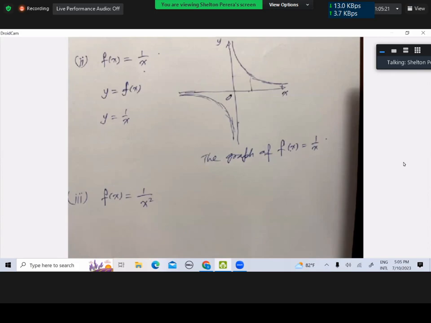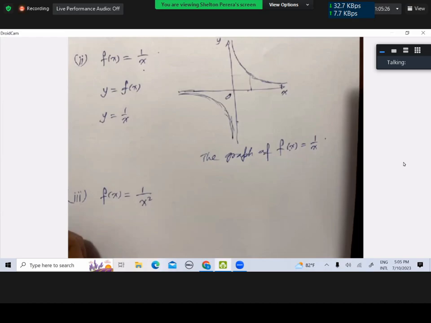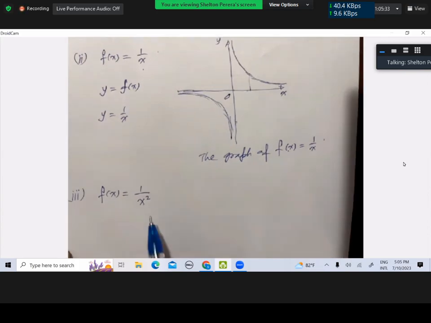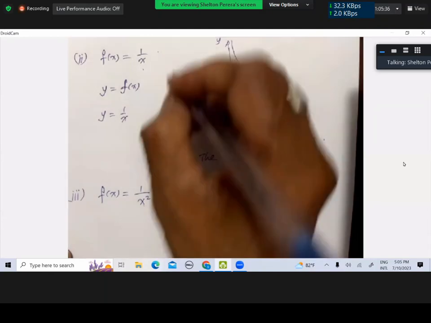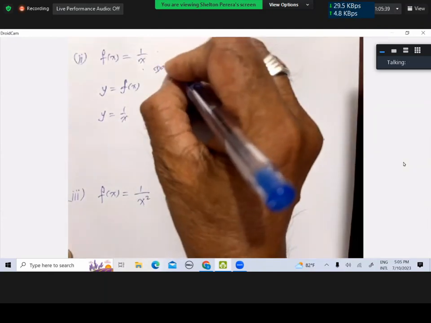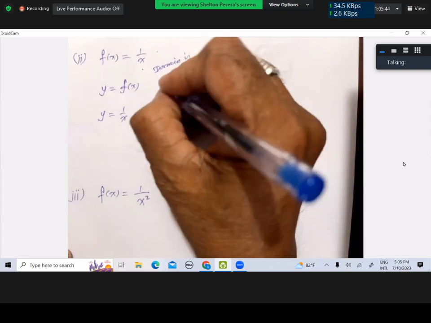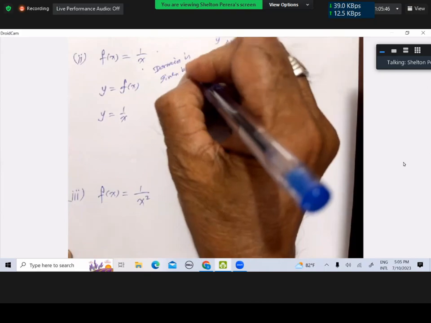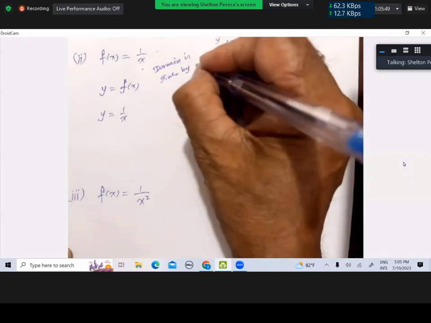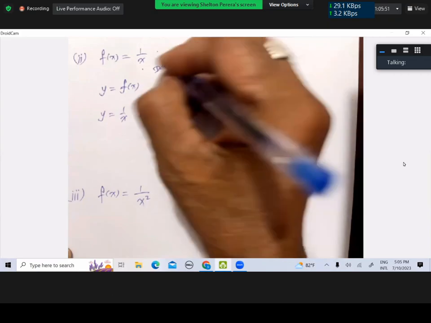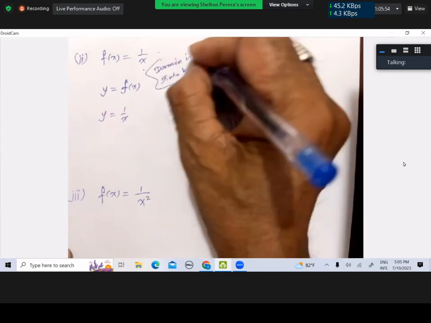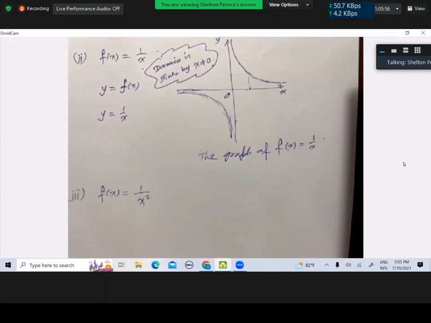When the domain is not mentioned, we take it to be the largest set on which the rule makes sense. Again, what is the domain here? Domain is given by x not equal to 0.